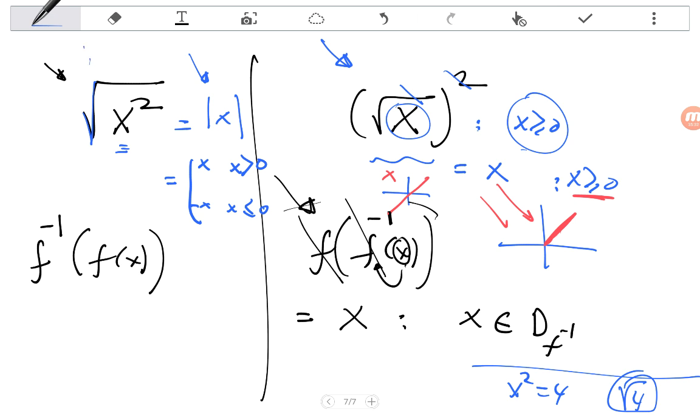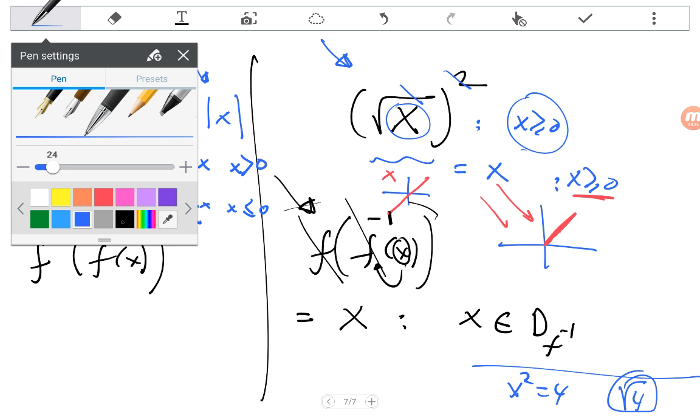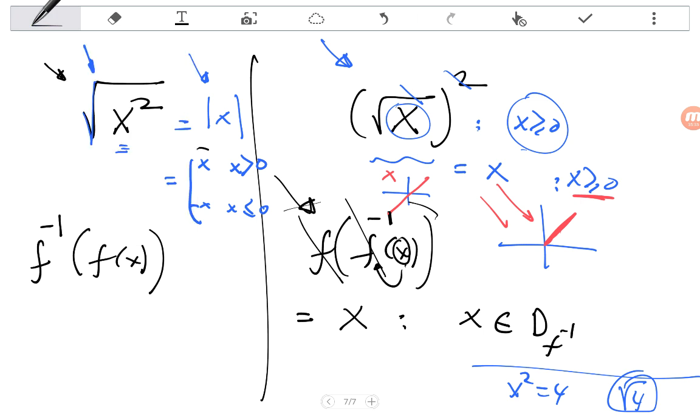Now just remember that this formula gave me an x, or if I need to say it, that f inverse cancelled the f only and gave me an x only in some condition. What was the condition? If x is positive. But whenever you are outside this condition, you may get another form.